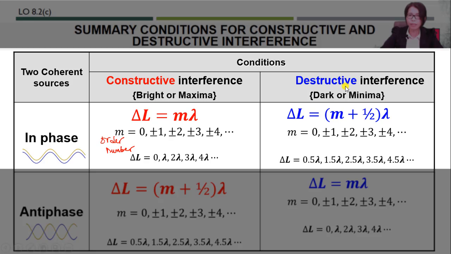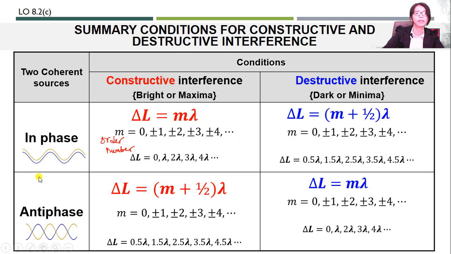And in order to get destructive interference, a dark or minima, our path difference must equal m plus half lambda. If our path difference is 0.5 lambda, 1.5 lambda, 2.5 lambda, 3.5 lambda, then we will obtain a destructive interference.